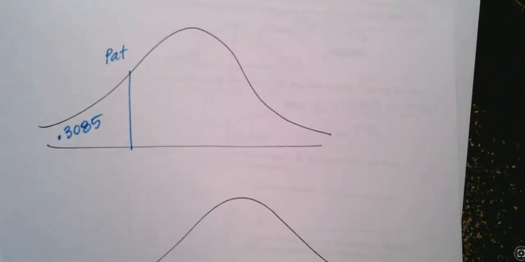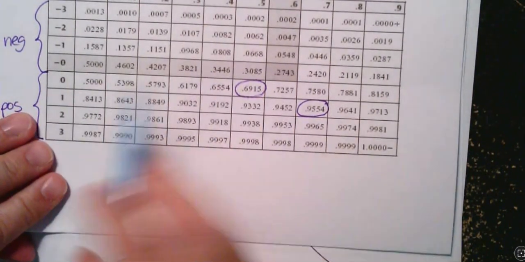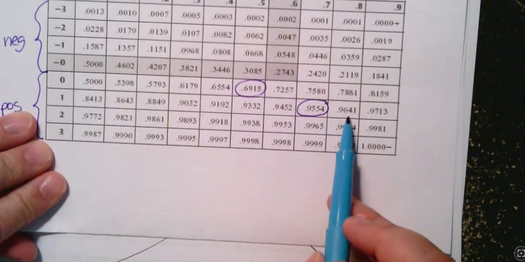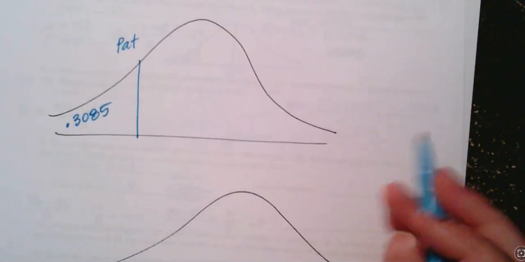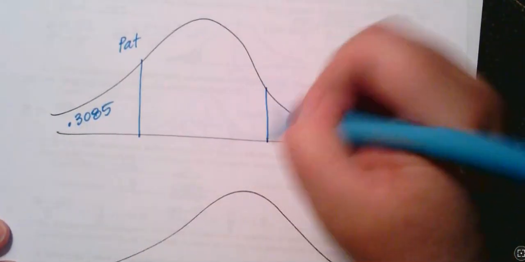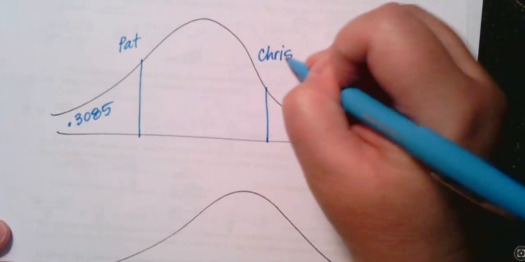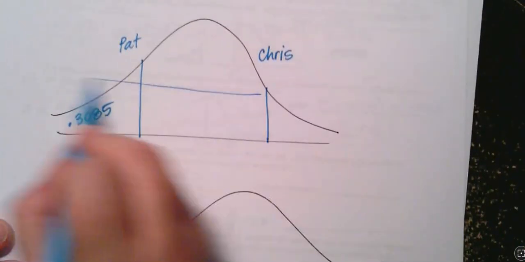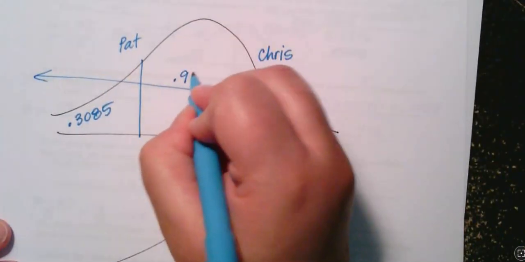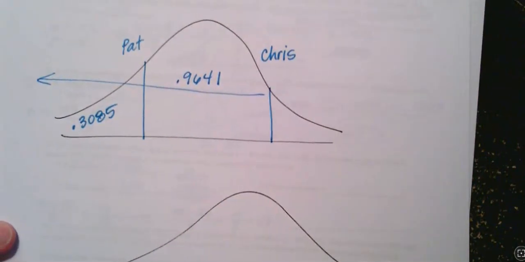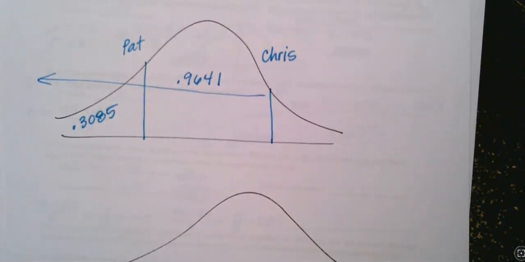Then Chris's z-score was 1.8. 1.8 is 0.9641. So here's Chris, and from here to the left is 0.9641. So in other words, 96% of people scored below Chris, 30% of people scored below Pat.